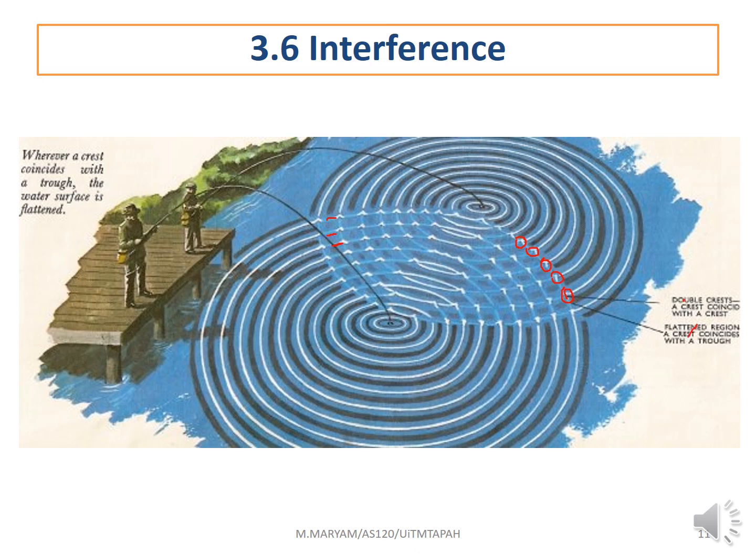Flattened regions here, here, here, and here are where a crest coincides with a trough. Understand, class? There are two types of interference: it will either flatten, or it will become a double crest.